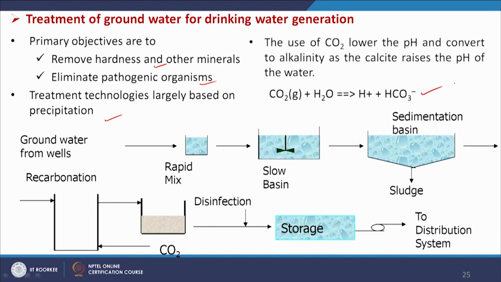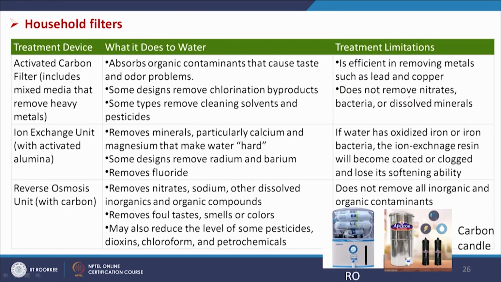So, to reduce the pH again, CO2 is needed. All those discussions which we have made so far are basically for large scale production or community scale applications.